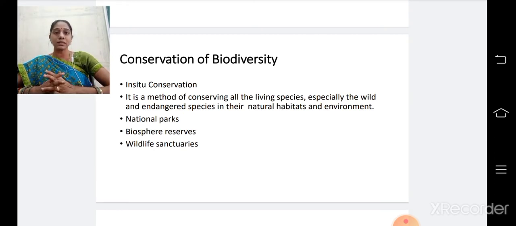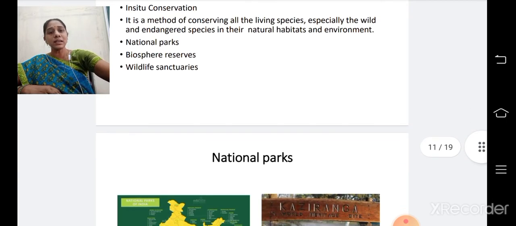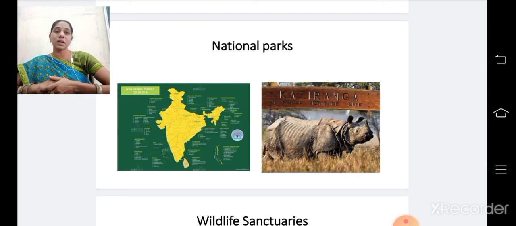So these national parks are protected. We can see many national parks all over India, protected by different acts. You can see Kaziranga National Park, where you can see rhinoceros. These are very important protected areas where flora and fauna get protected.